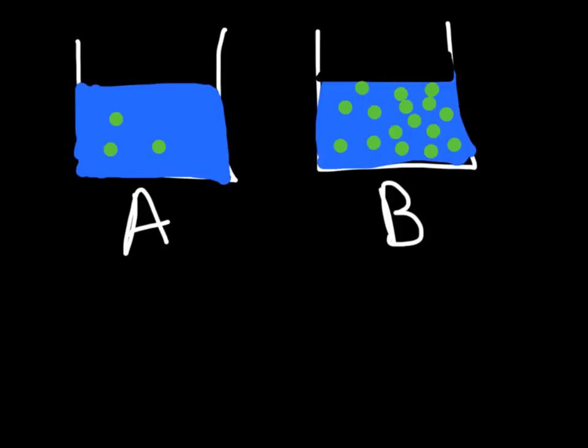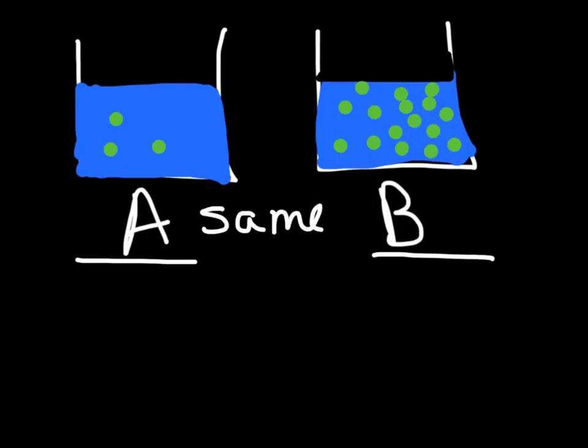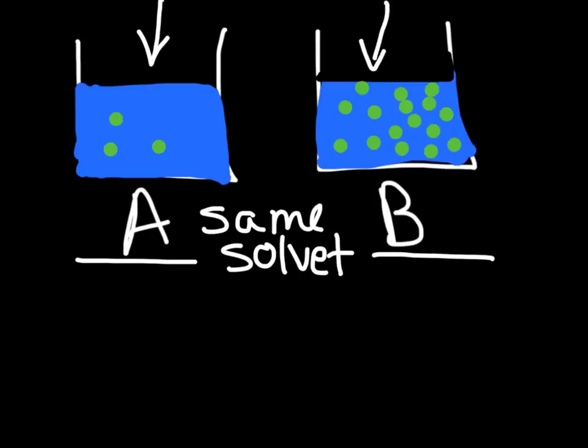So we have beaker A and beaker B. In both beakers we have the same amount of solvent, but we have different amounts of solute. So I've added less solute here and more solute here.